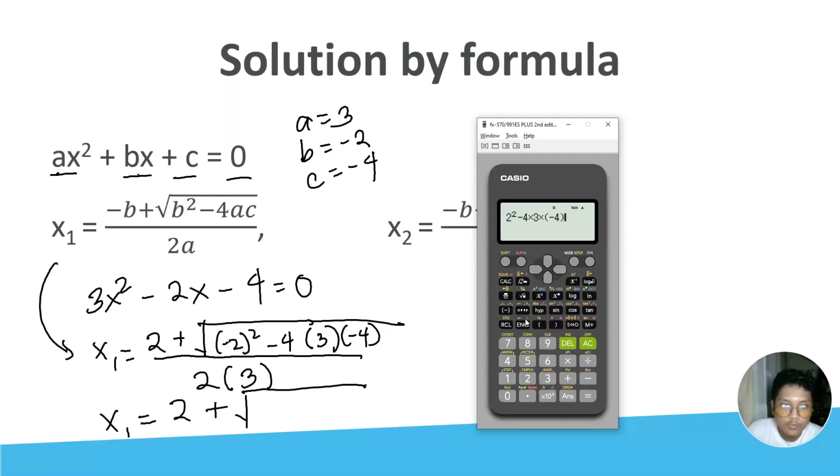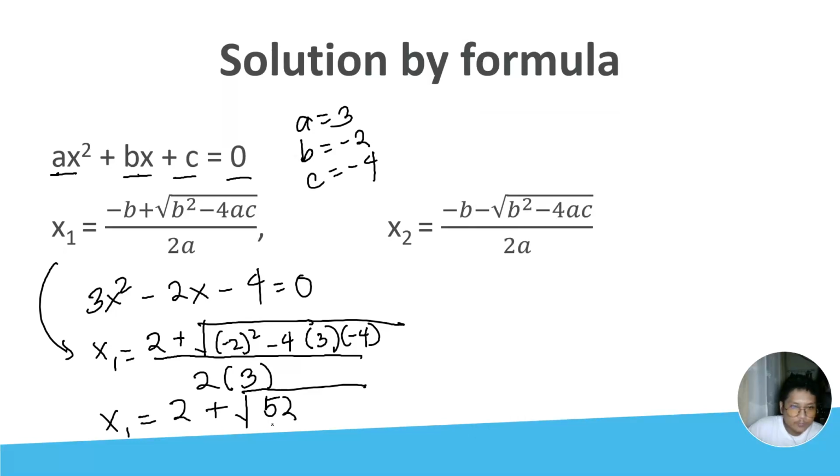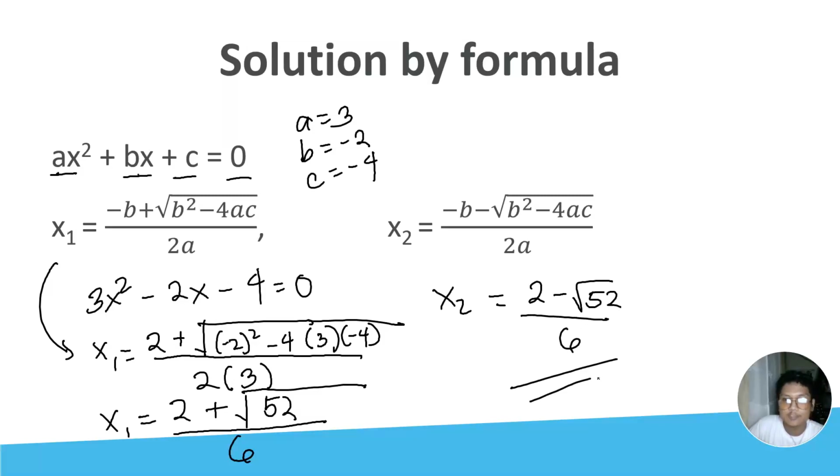Negative 4. So negative 2 magiging positive lang din yan. Kaya 52. Okay, 52 over 6. Ito naman, x of 2. So same lang, magiging negative lang to. Okay, 2 minus square root of 52 over 6 ang sagot dyan.